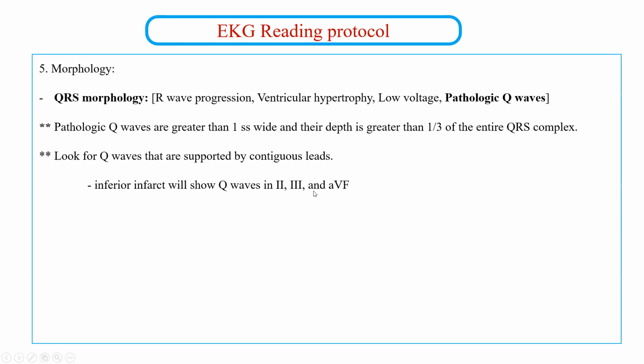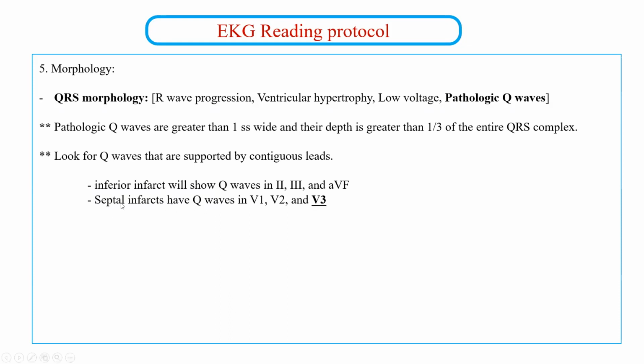Sometimes you can see a Q wave in lead 3. This is actually due to the EKG being recorded while the patient is in expiration. Exhaling the air from his lungs will give us a small Q wave in lead 3. Okay, so you need the contiguous leads like 2, 3, and AVF.